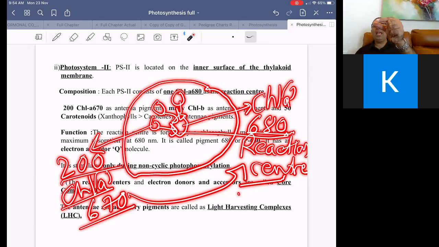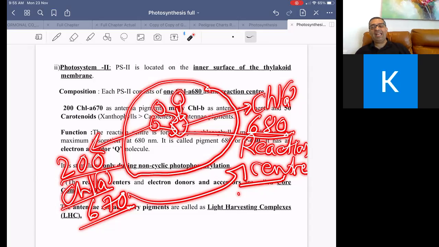PS1 has chlorophyll A 700 at the reaction center, accessory chlorophyll A 683, and 683 get excited at 683 nanometer wavelength. By resonance transfer, deliver electron to chlorophyll A, and at 700 nanometer chlorophyll A will get excited and jump. The electron jumps. PS1 में, photosystem 1 में, P700 में, photosystem 2 में, who is the reaction center?